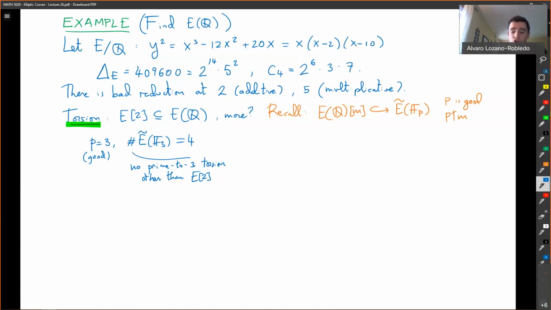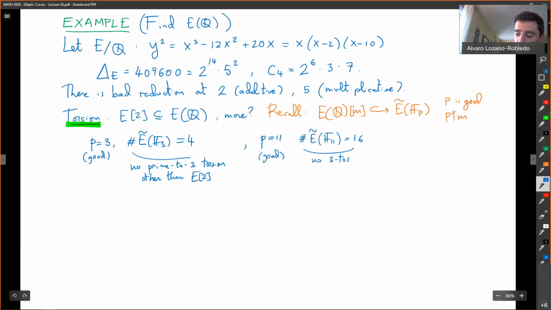There's no 4 torsion either. But what about 3 torsion? You have to do some other prime. P11 is also good. And it turns out that the number of points on the elliptic curve over F11 is 16. So there is no 3 torsion that could embed in here.